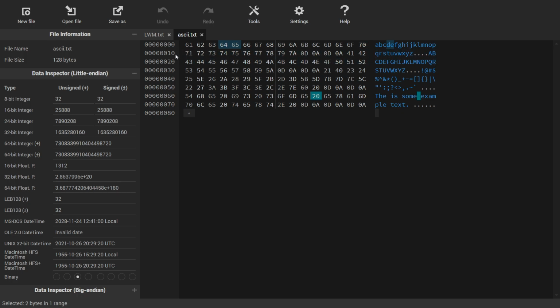So 71 here would be the 17th byte, because 0 through 15, right? And then we would keep going, and so on and so forth. You can add more bytes and play around with this. But the cool thing is being able to see the actual bytes that the computer sees whenever it sees this file.